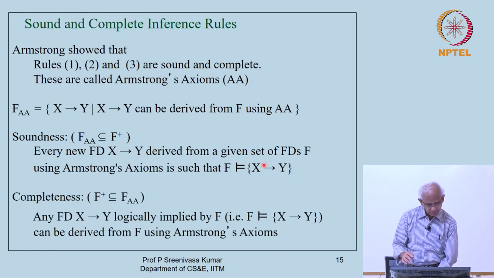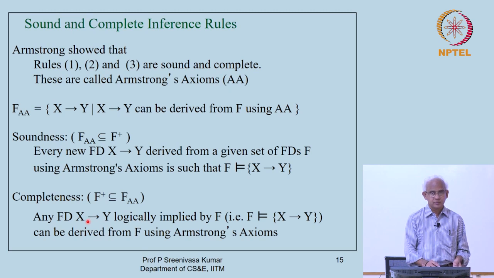The other one is called completeness. What this says is that F plus is a subset of F subscript AA. That means, given any functional dependency x determines y that is logically implied by F, that is, a member of F plus, it can in fact be derived from F using Armstrong's axioms. This is a surprising fact actually.